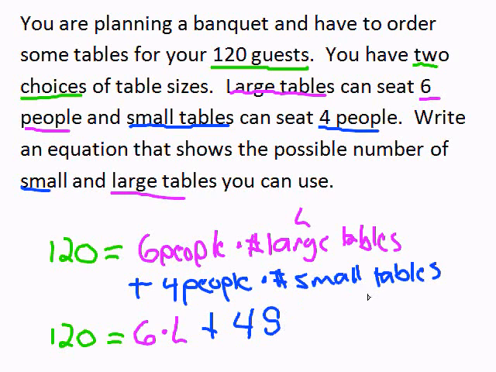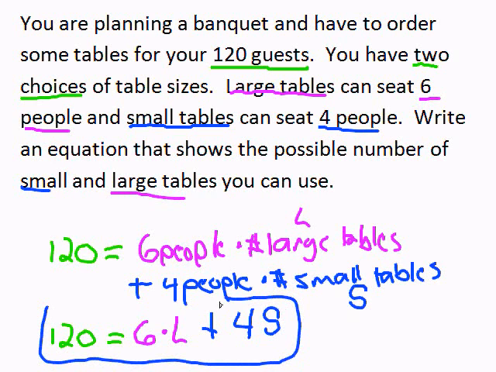I'm going to let the number of small tables be the letter S. And I've written an equation that gives me my total number of people, 120 guests, sitting at large tables, 6 people each, and small tables, 4 people each.